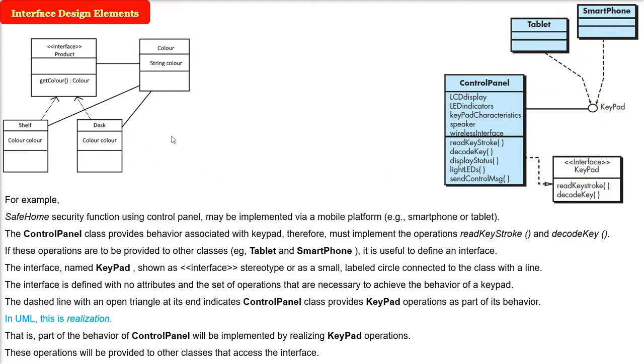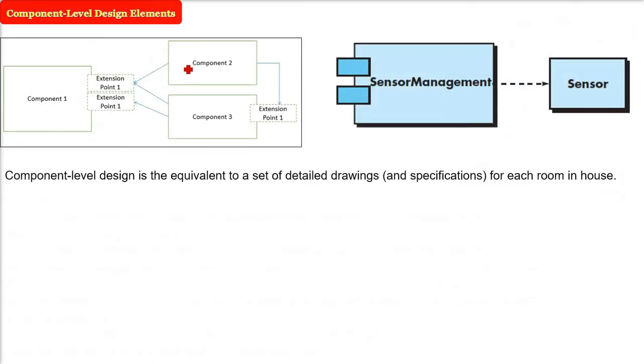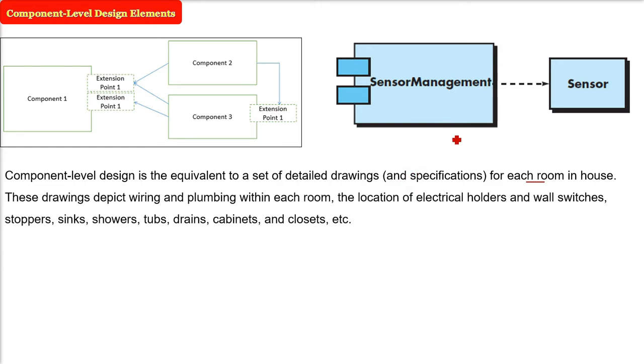Component level design elements. Component level design is equivalent to the set of detailed drawings or specifications of each room in the house, after we discussed the plan layout. Now you are coming to the actual room, and you are talking about the wiring detail, plumbing detail, how many electric holders there will be, the wall switches, the stoppers, the sinks, the showers, the tubs, the drains, cabinet, closets and whatnot.